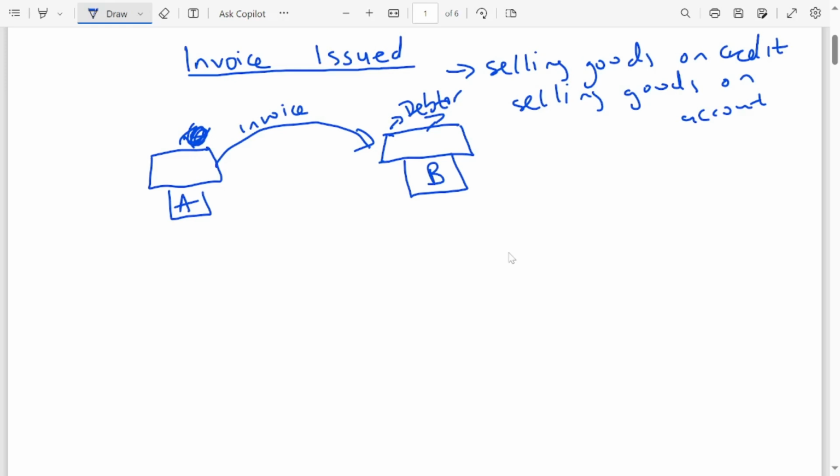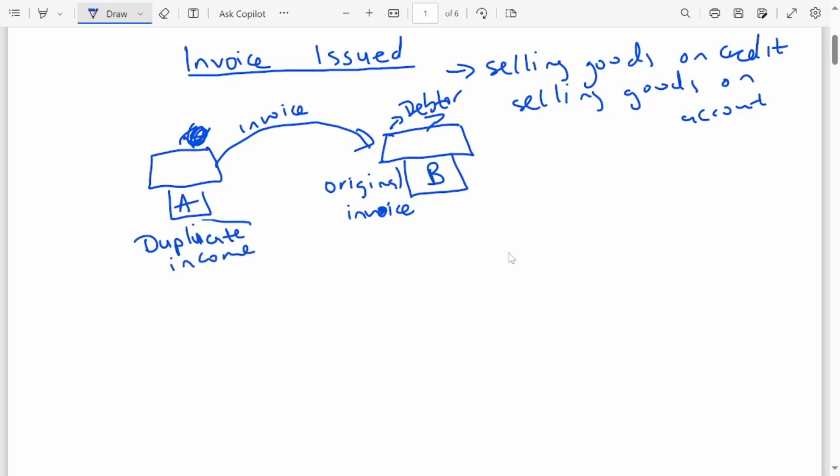So when we are issuing an invoice, the business issues an original invoice out. What this means is that the business will be left with a copy of the invoice. So the business will be left with a duplicate invoice.